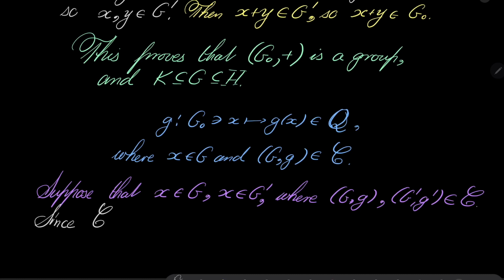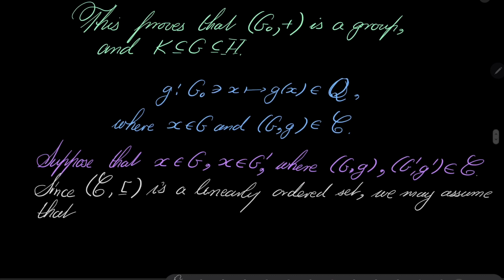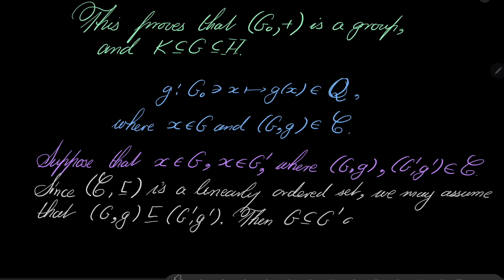Since C with this relation is a linearly ordered set, we may assume, for example, that the pair G is in relation with G prime. Notice that then G is a subset of G prime, and G prime restricted to G equals G.